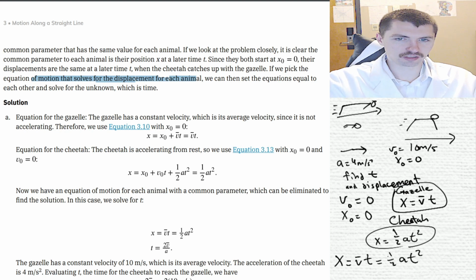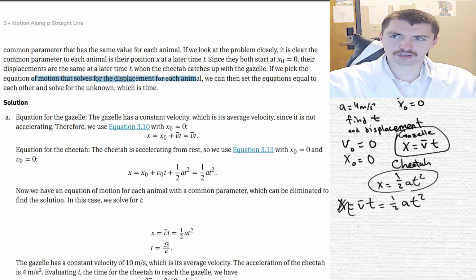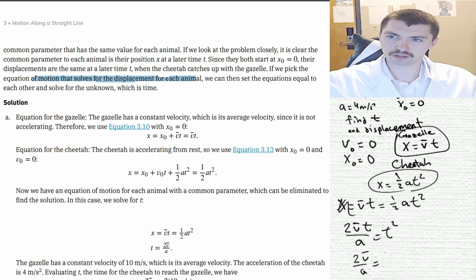We eliminated x to find the final solution. So they're just taking the x out and then solving for t. So 2v, this is just basic algebra. It's t squared. We're going to divide both sides by t. It's t. Okay, okay.